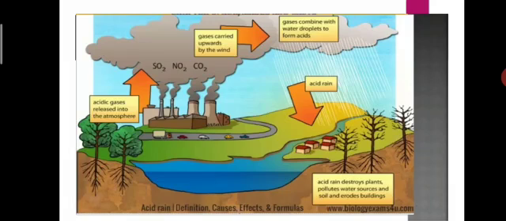These gases are carried upwards by the wind, and these gases combine with water droplets to form acids, okay? And when it comes to our earth in the form of rain, or acid rain, what happens? Acid rain destroys plants, pollutes water sources and soils, and erodes buildings also, okay? So by this diagrammatic representation, we can understand acid rain.